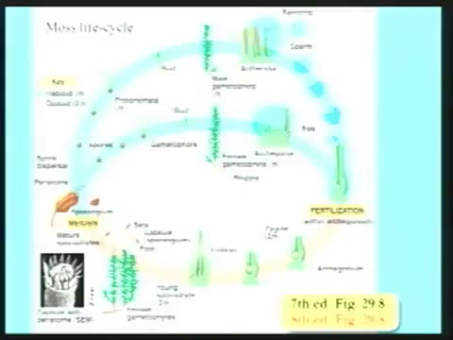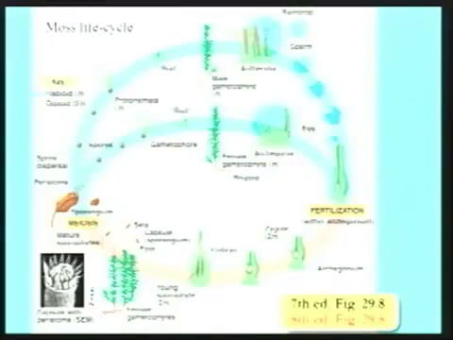We get a filamentous gametophyte initially in the mosses. This is a moss life cycle here. And eventually we get the mature gametophytes forming, which look leafy. And at their apex we have gametangia produced. Remember, these are the sac-like structures that bear the gametes on gametophytes.